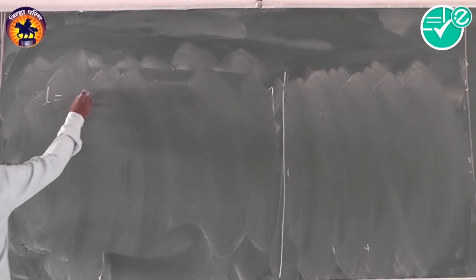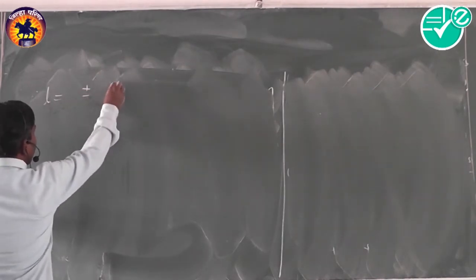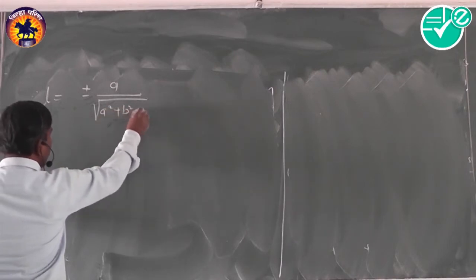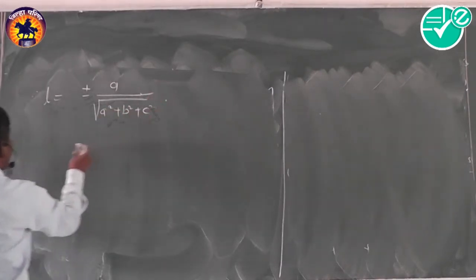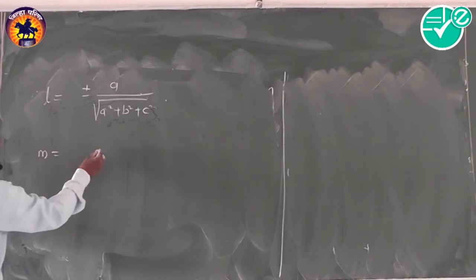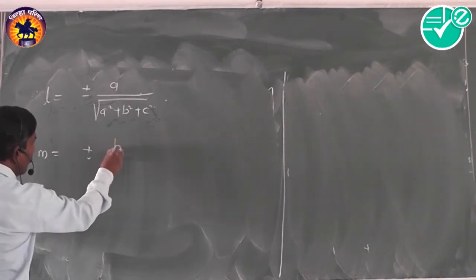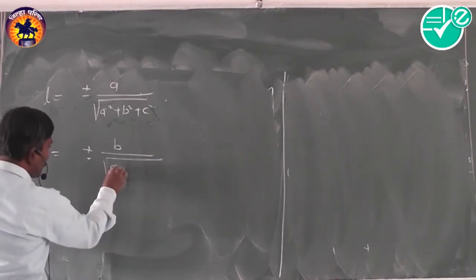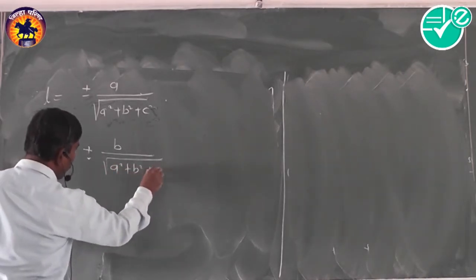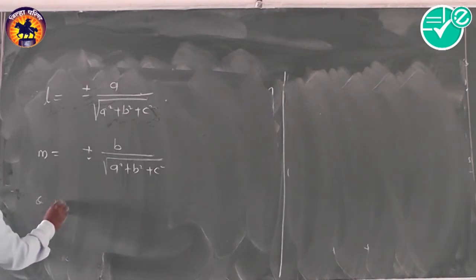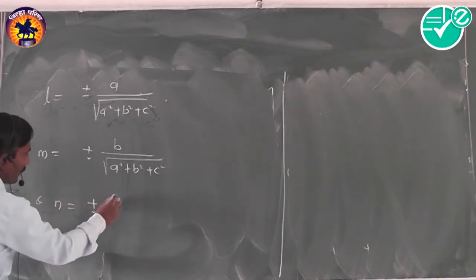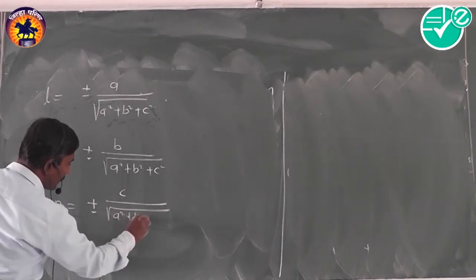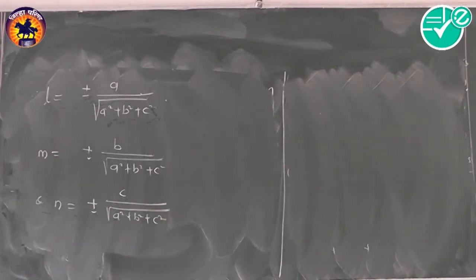L is equal to plus or minus A under root A square plus B square plus C square, M is equal to plus or minus B under root A square plus B square plus C square, and N is equal to plus or minus C under root A square plus B square plus C square.